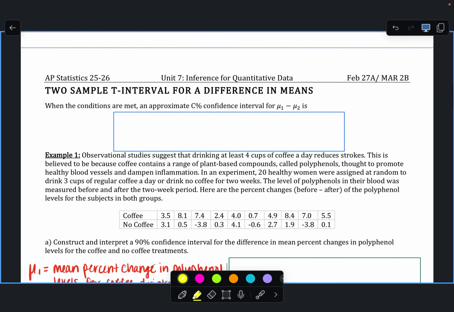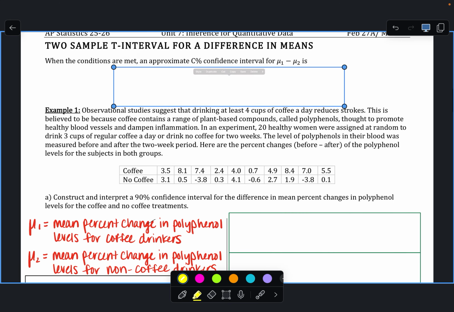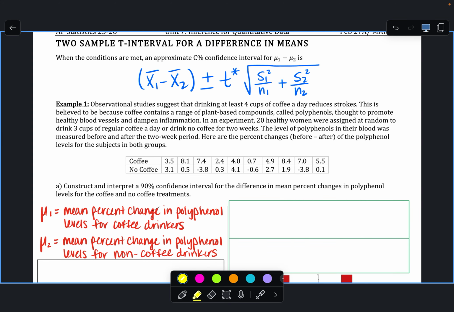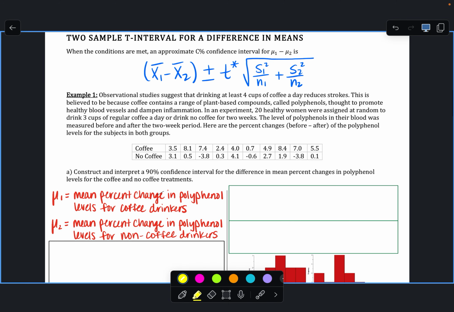We're going to do a confidence interval. For a confidence interval, we have a formula, and it should look fairly familiar because we have done something very similar when it came to 2 sample proportions. We are going to take x1 bar minus x2 bar. Those are your 2 sample means. And then we are going to add and subtract.